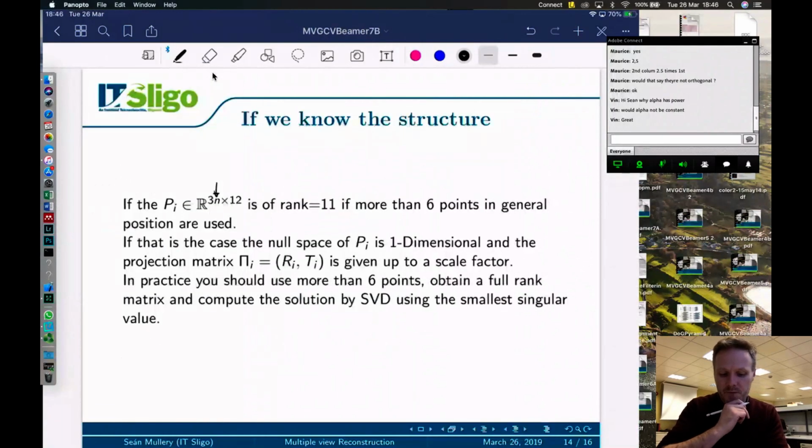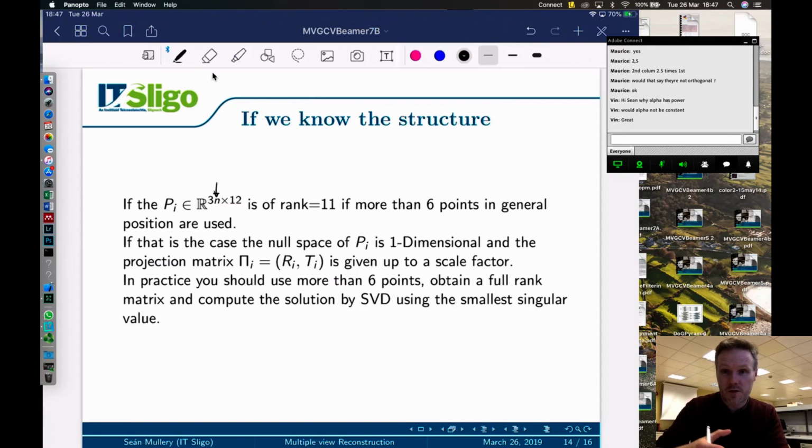If that matrix on the previous slide is of rank 11, which it is if more than 6 points in general position are used, then the null space of PI is one-dimensional, and the projection matrix can be figured out at least up to a scale factor.